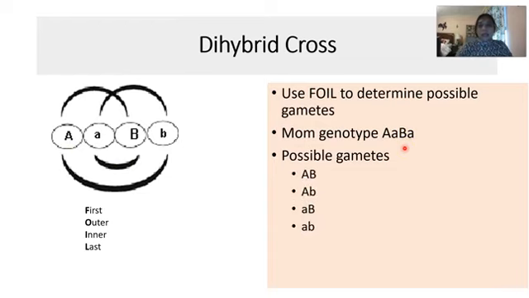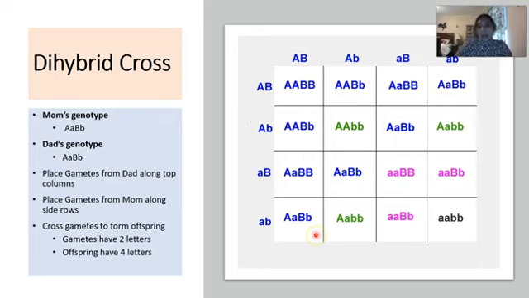So the possible gametes are going to be 4 different ones. You can have both dominant alleles, both recessive alleles, a small recessive for the first and a capital for the second, and a capital for the first and a recessive for the other. So capital A, capital B; capital A, lowercase b; lowercase a, uppercase B; and both lowercase.